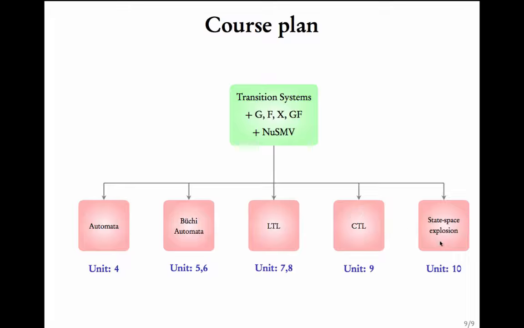And finally in unit 10, we will see how new SMV handles state space explosion. This is not going to be the end of the course. In the next 5 units, unit 11 to 15, we will see an extension of transition systems where timing and probabilities are introduced. That will be a new section entirely.